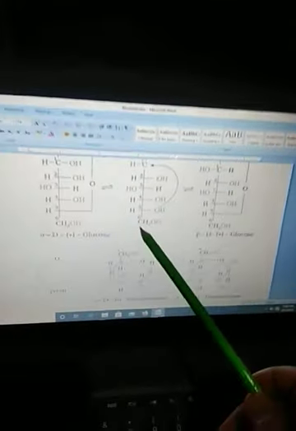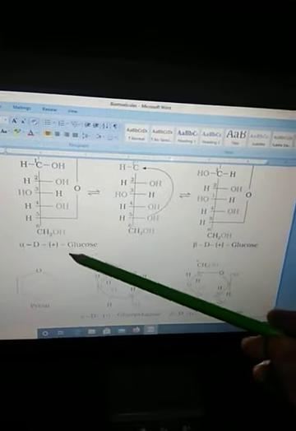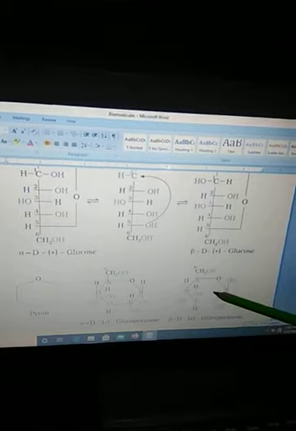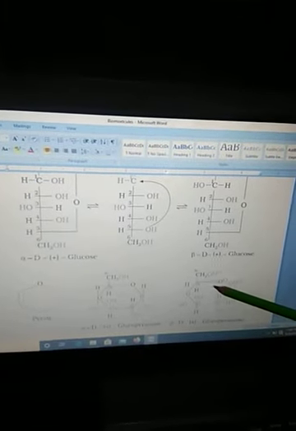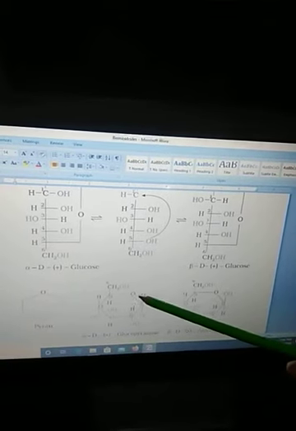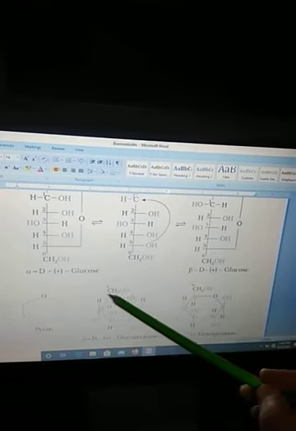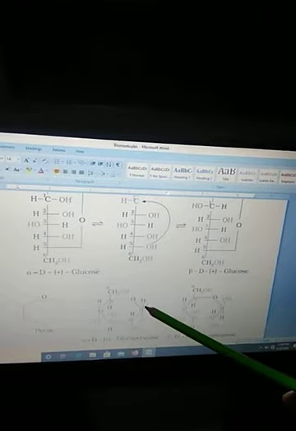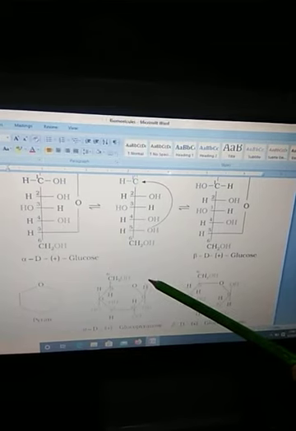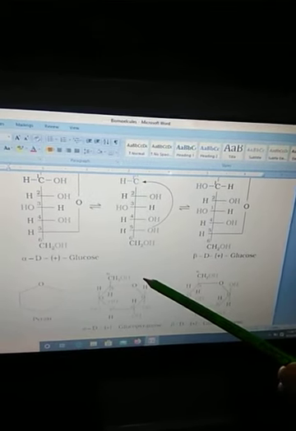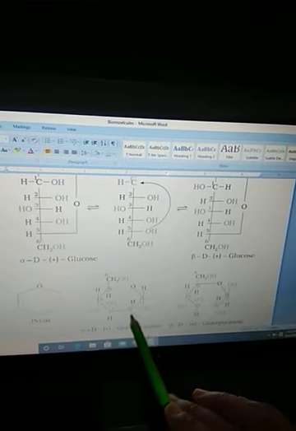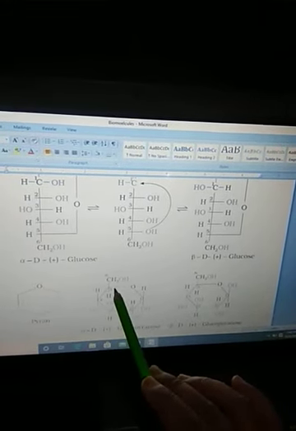Now we have drawn the alpha D glucose in cyclic form and beta D glucose in cyclic form. Now we have to understand how we have drawn from this to this one. What you have done is simply drawn a cyclic structure with the 5 carbon atoms and 1 oxygen, and after that we have given the numbers to the carbon atoms 1, 2, 3, 4, 5.